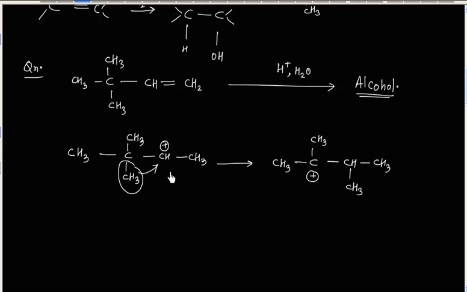So now initially we have a 2-degree carbocation. Now we have a 3-degree carbocation. So this is basically 1,2-methyl shift.